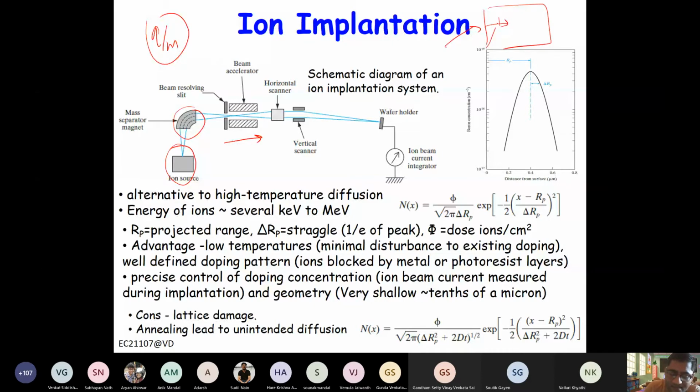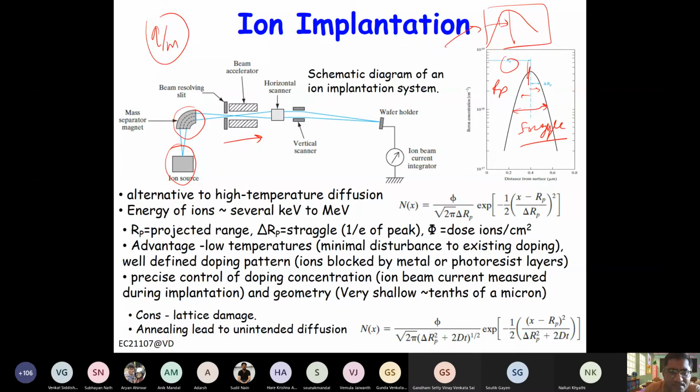And the depth of these ions is called the projected range, RP, right? Since not all of them will reach there, some of them will go ahead, and some will stop before. So this half width is called the straggle.